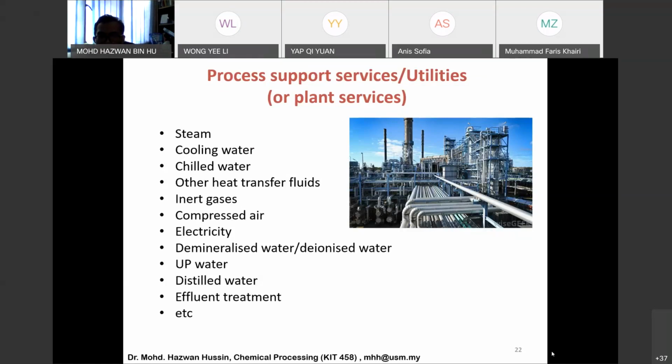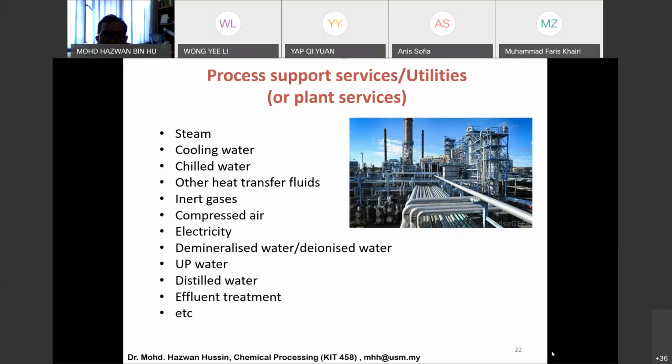Inert gases like nitrogen, argon, and whatsoever are normally used to make sure that there's no effect of oxidation or no way of combustion to happen. Then the reduction process or hydrogenation process can occur, something like that.